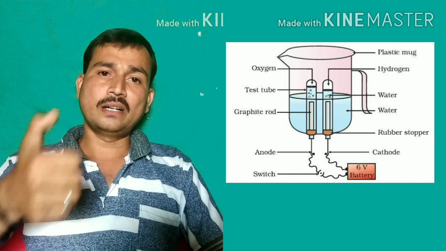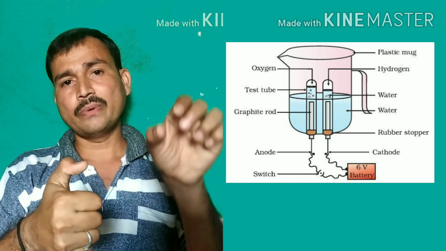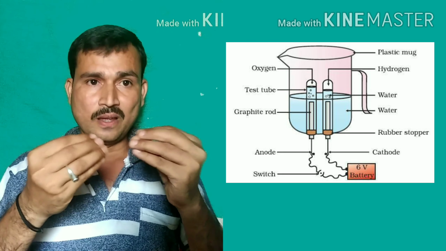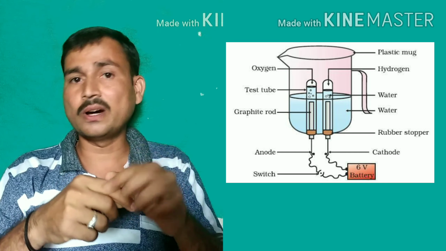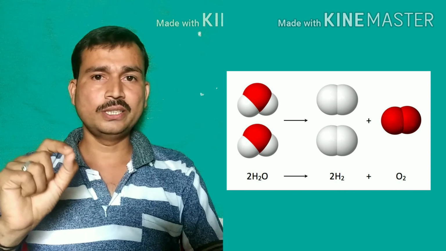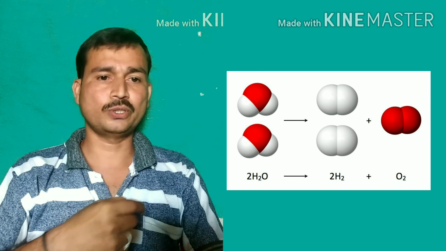The other test tube is filled with oxygen; you will come to know when you bring it near the candle, it burns with a more brilliant white flash. It means oxygen is the best supporter of combustion. In this, you come to know that 2 molecules of water split into 2 molecules of hydrogen and 1 molecule of oxygen in the respective test tubes in the water electrolysis process.